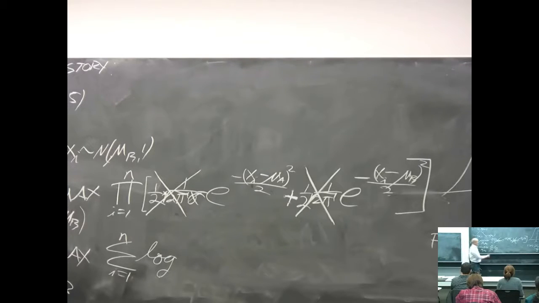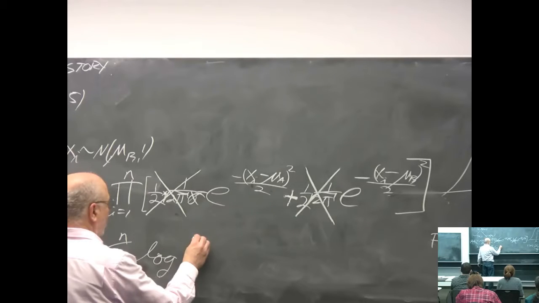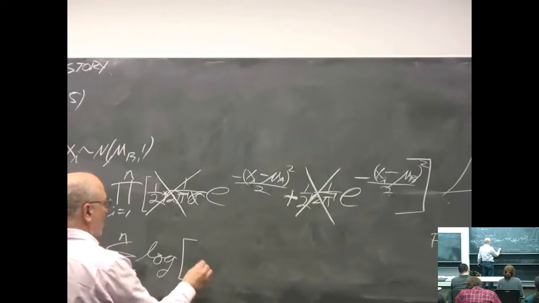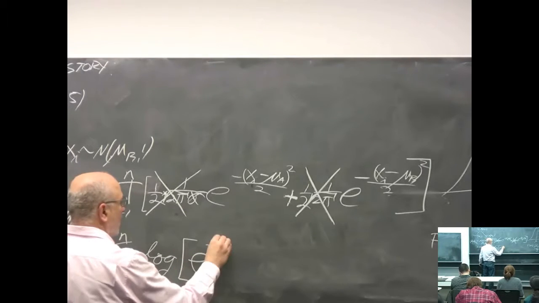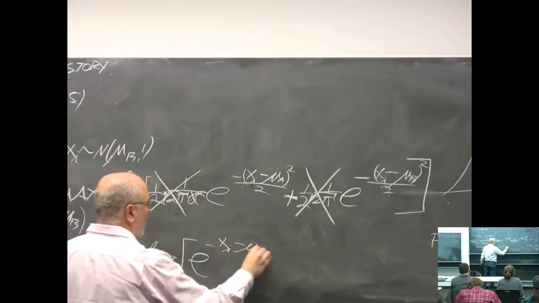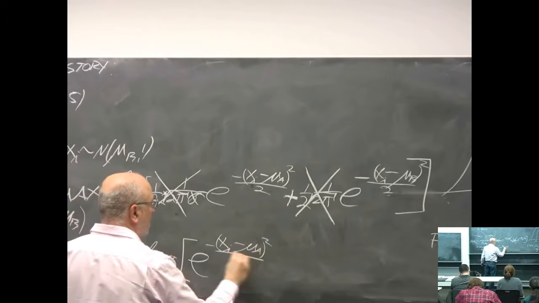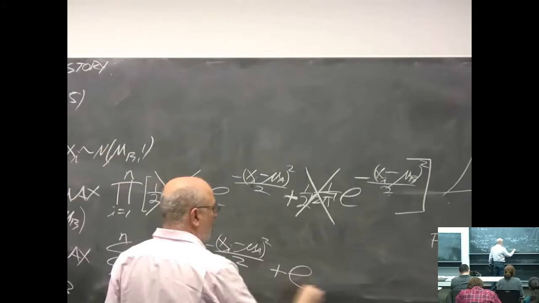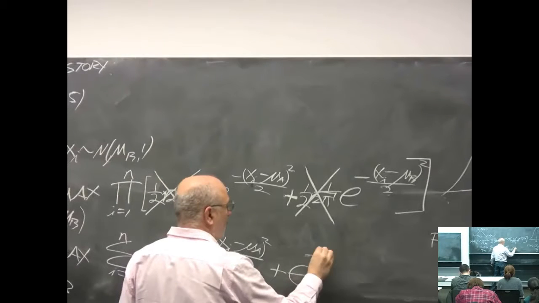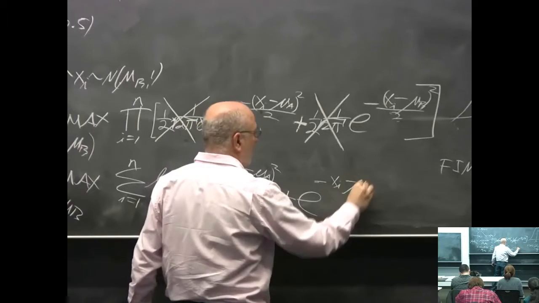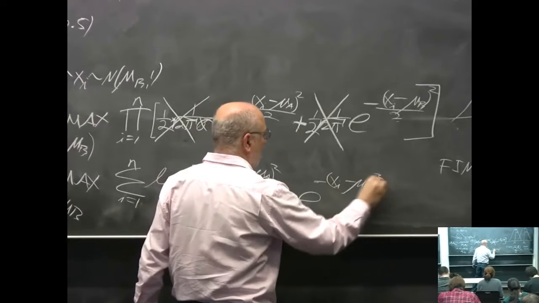Now I have log of e to the negative (xi minus mu A) squared over 2 plus e to the negative (xi minus mu B) squared over 2.